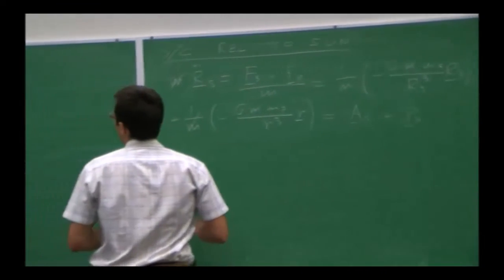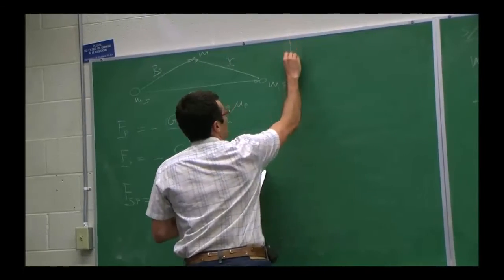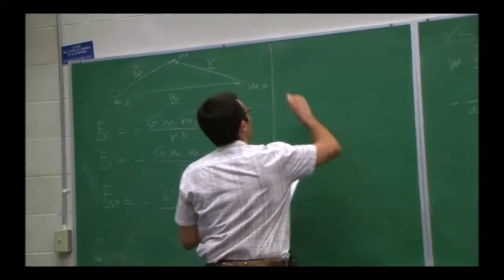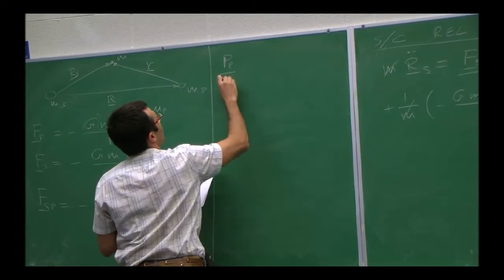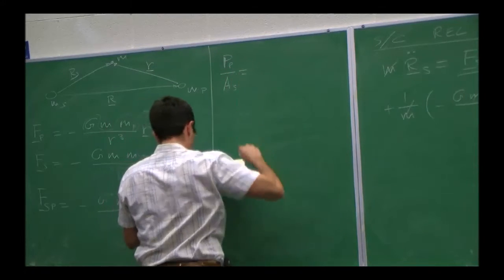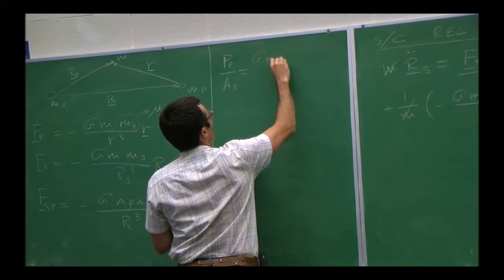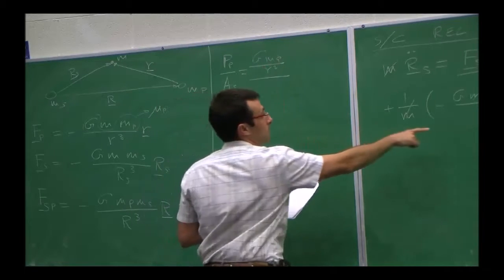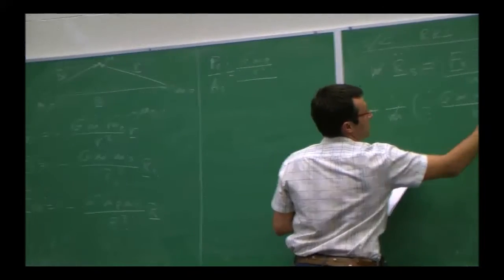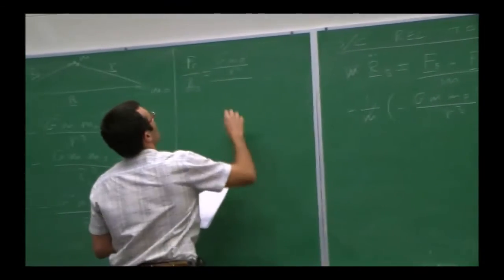I can call whatever I want these two terms. And I'm going to define the following ratio that I'm going to save here. The ratio of the absolute values of those two, perturbation due to the planet over acceleration due to the sun, is G Mp over r squared. Remember, this is a vector, so if I want the norm of this, it is r, and this becomes an r squared.